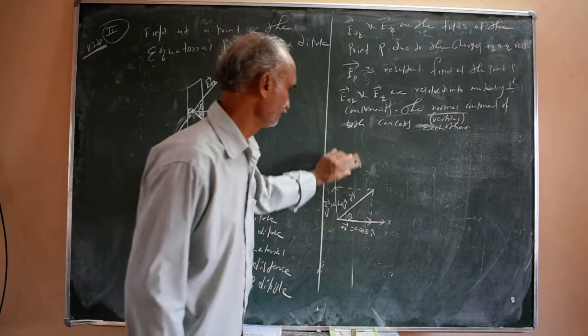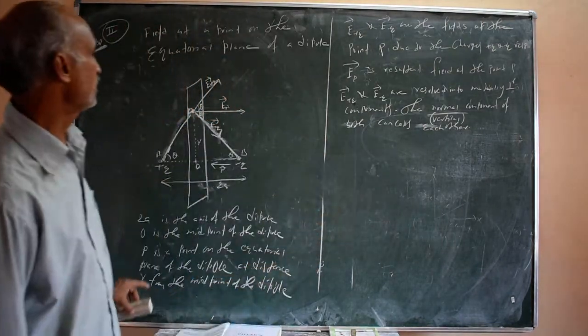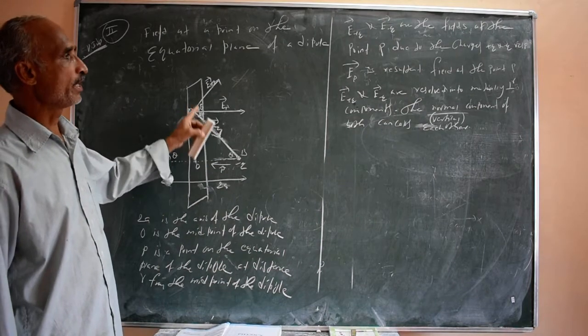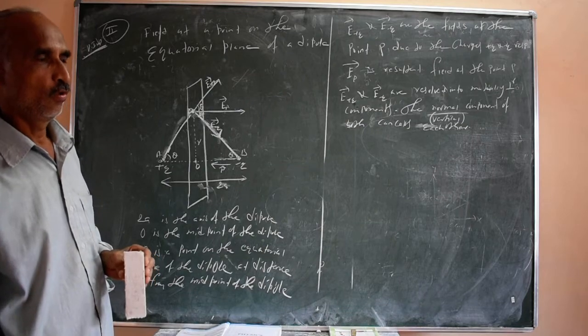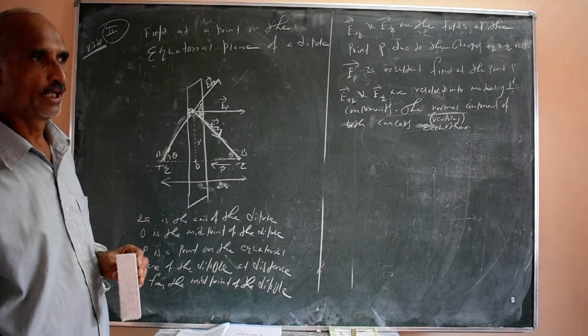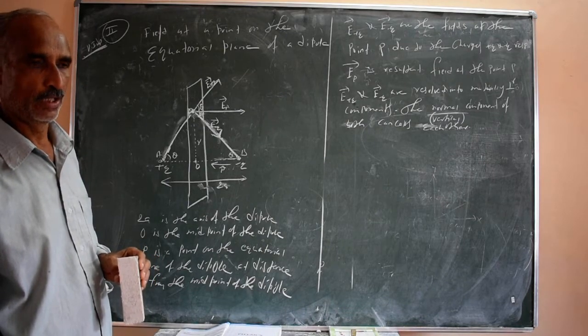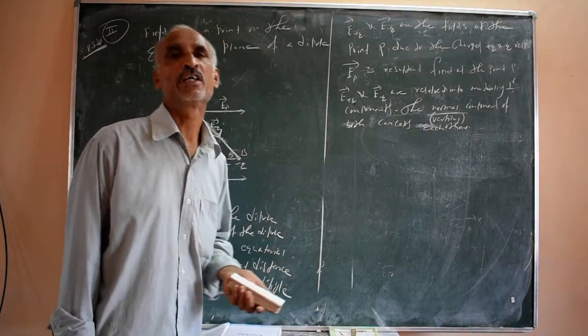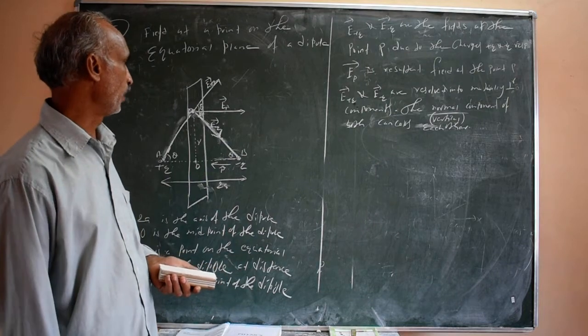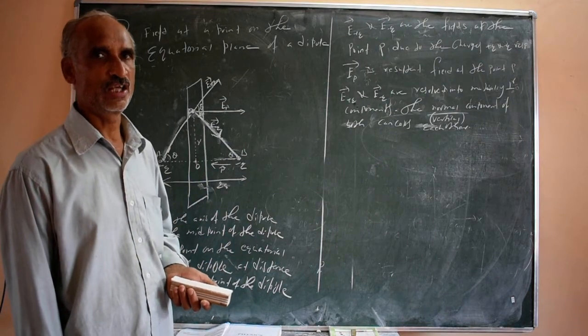So now this E plus Q, E minus Q are resolved into two mutually perpendicular components, horizontally and vertically. Vertically also called as normally. Actually, the normal components are equal and opposite, and cancel each other.